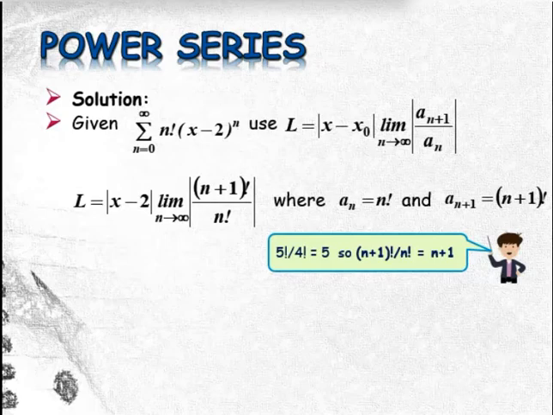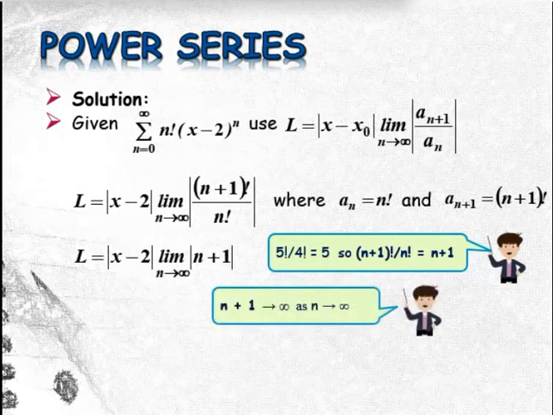Therefore, L is equivalent to the absolute value of x minus 2 times the limit of n plus 1 as n approaches infinity. Now, as n approaches infinity, n plus 1 also approaches infinity. So we will end up with L equals the absolute value of x minus 2 times infinity. But infinity multiplied by any number is equivalent to infinity.